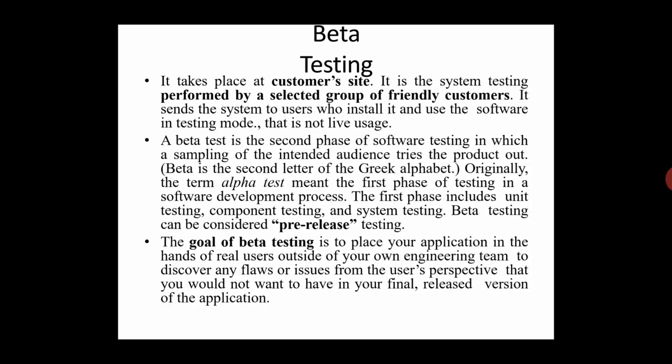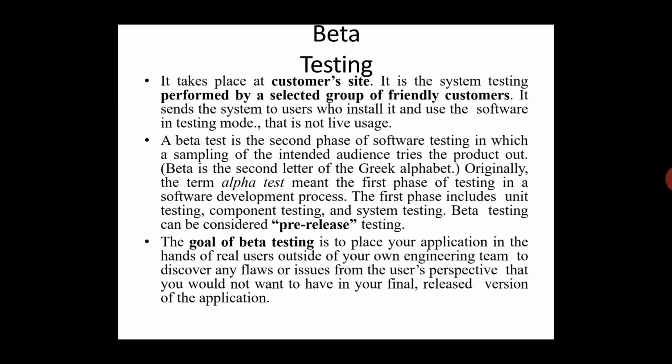Originally the term alpha test meant the first phase of testing in a software development process, which includes unit testing, component testing, and system testing, whereas beta testing can be considered pre-release testing. Before releasing the product, it's handed over to selected users, who perform this test to see whether it is eligible for release to the market.